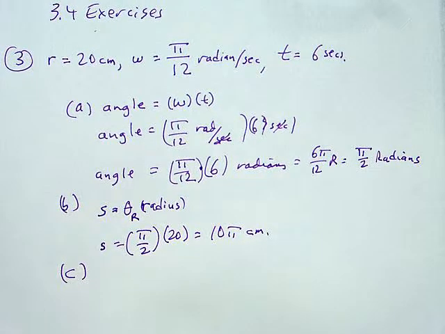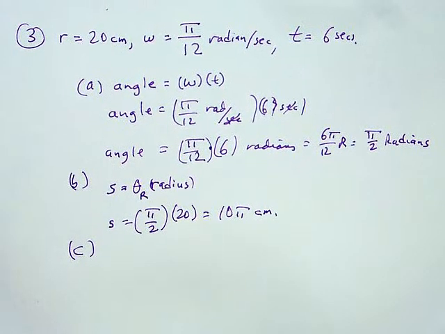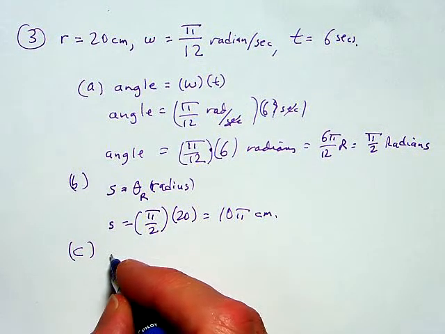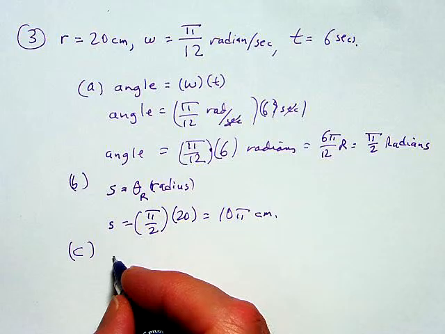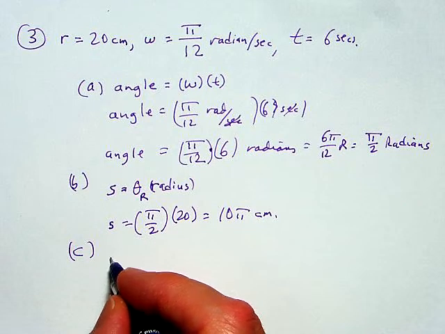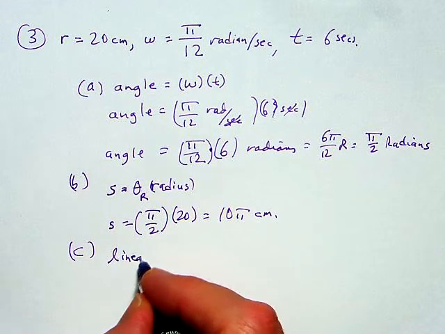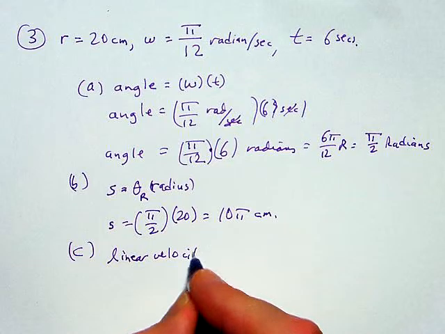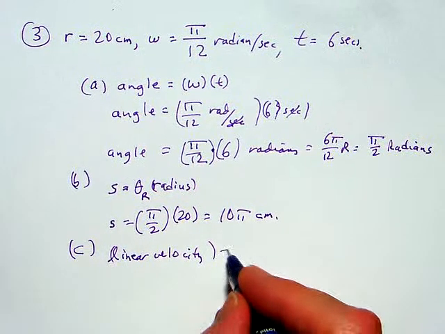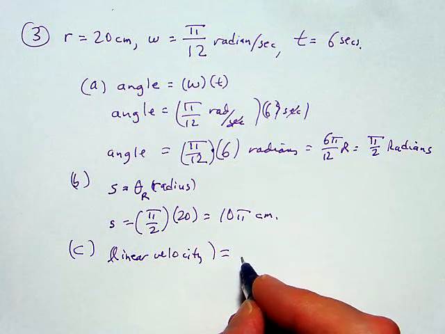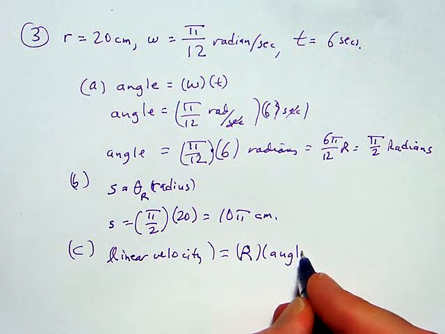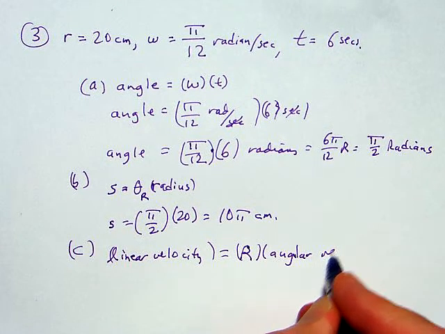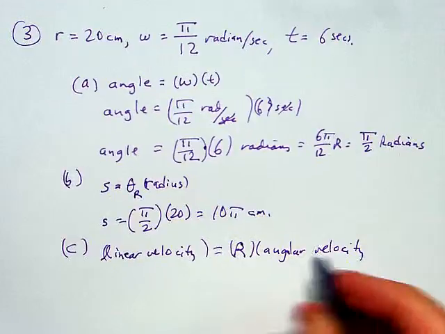And C is asking us to find the linear speed of P. So the formula there that's important is that the linear velocity is equal to the radius times the angular velocity in radians.